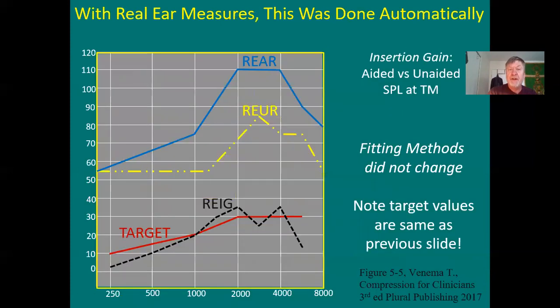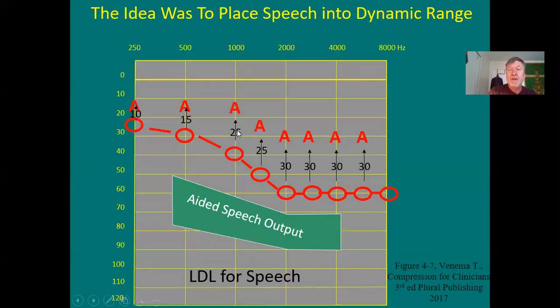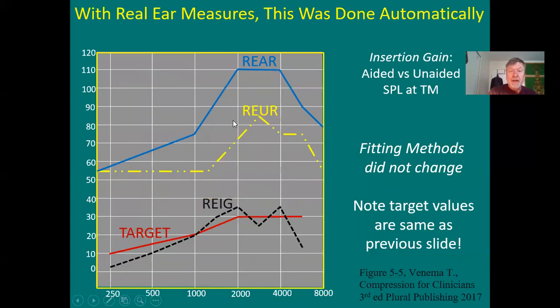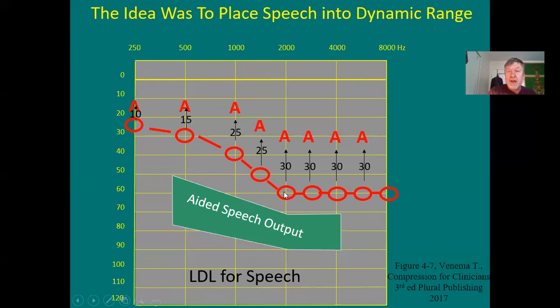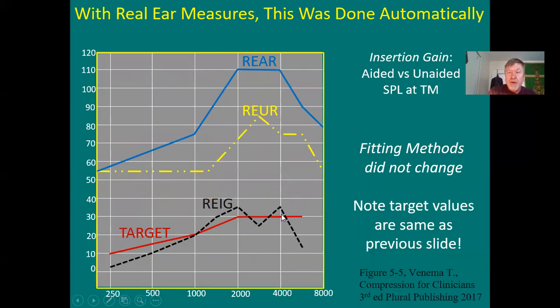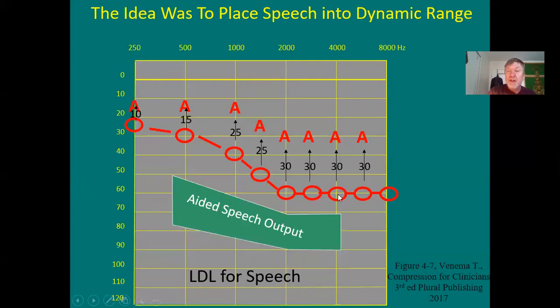Look at 1,000 here, it's 20. 1,000 here, 25. That A is a little bit too high. And 2,000 here, 30. 4,000 here, 30. Okay, so I did that on purpose, just to highlight the fact.